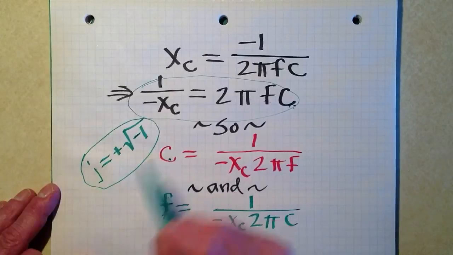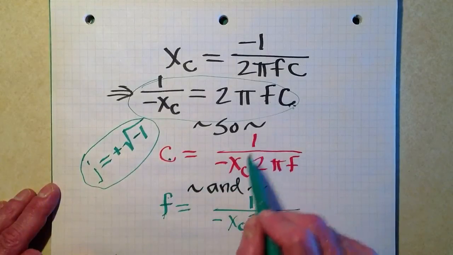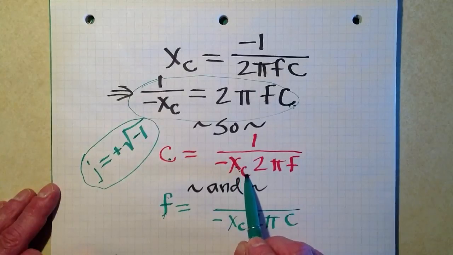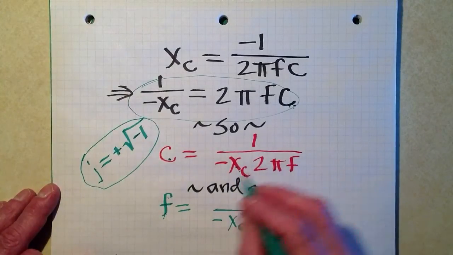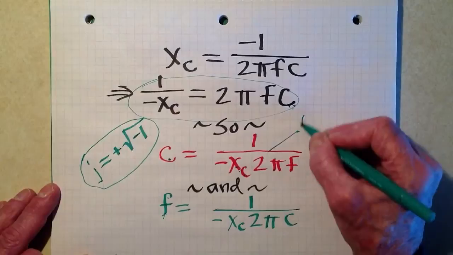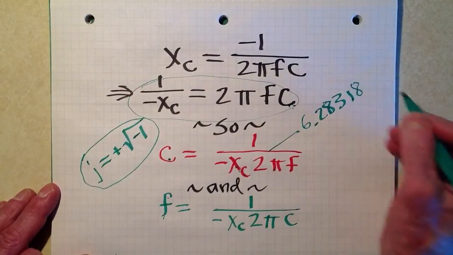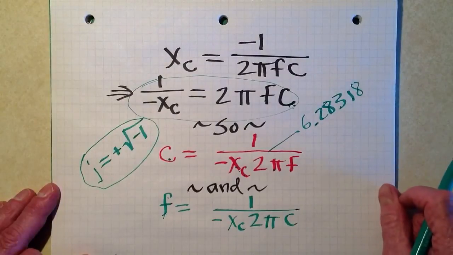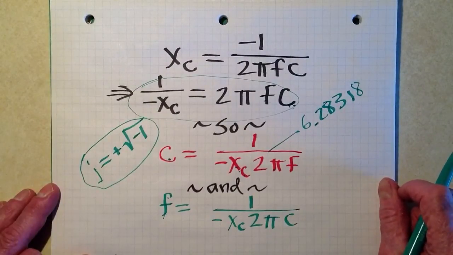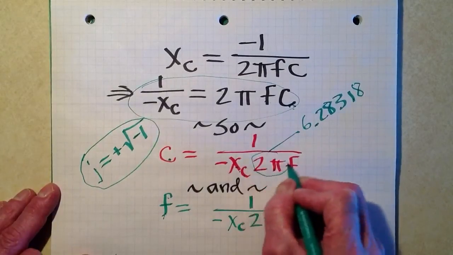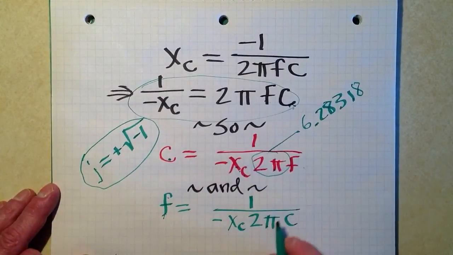The capacitance in farads equals 1 divided by minus the capacitive reactance in ohms times 2 pi times F in hertz, where 2 pi, which I've memorized to 6 significant figures after having talked about it so much, is 6.28318.